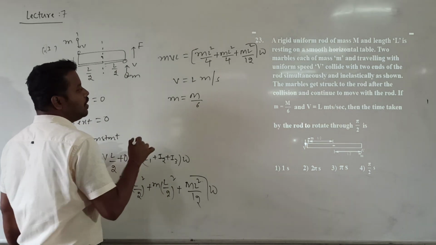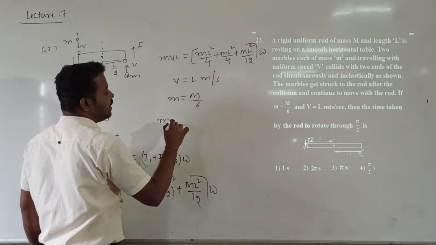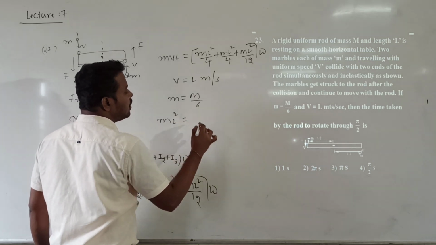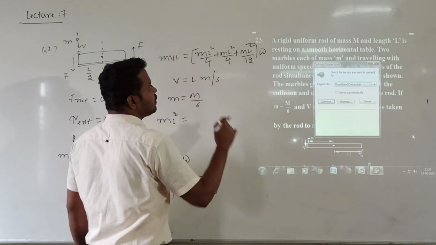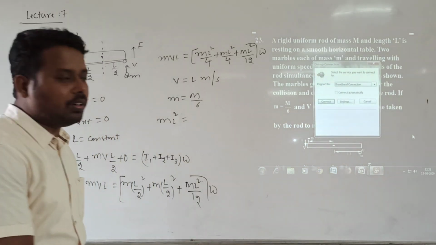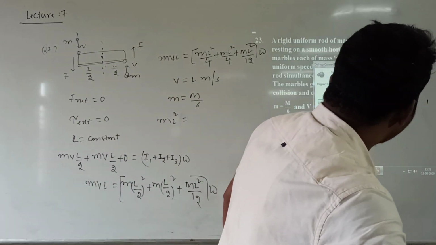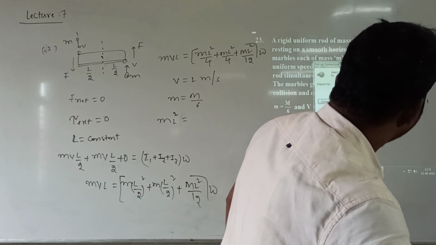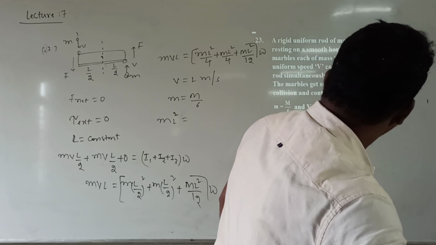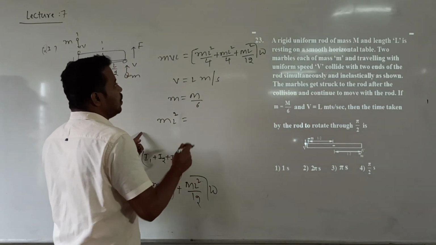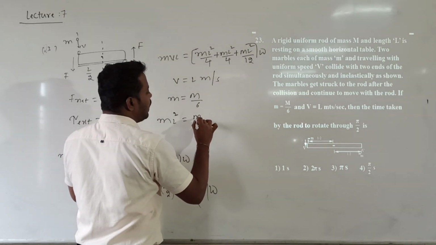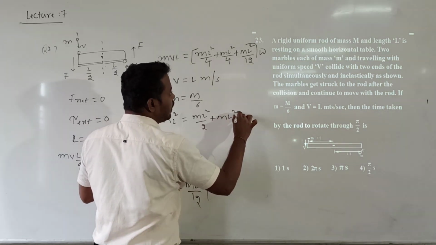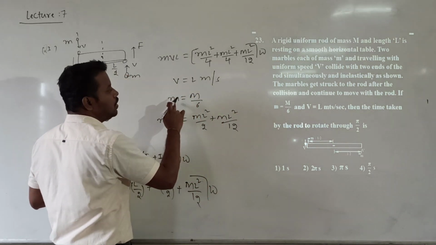Can I substitute? So m into V is equal to L. Then what do I get? L into L square. So here how much will be there? ML square by 4 plus ML square by 4 is 2 ML square by 4, that is small ml square by 2, plus capital ML square by 12, but small m is equal to capital M by 6.